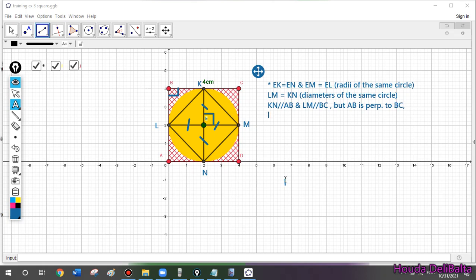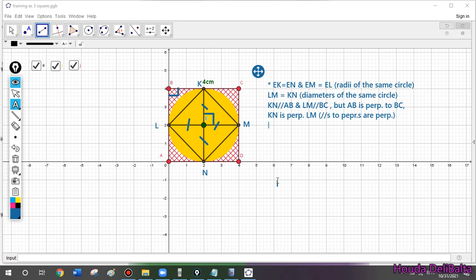Then definitely I have to conclude that KN is perpendicular to the other diagonal, which is LM, and the reason is that parallels to perpendiculars are perpendicular. Okay.